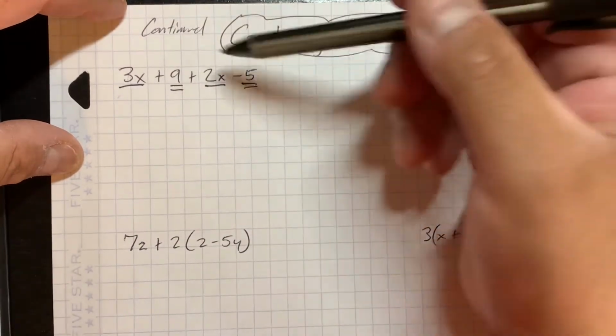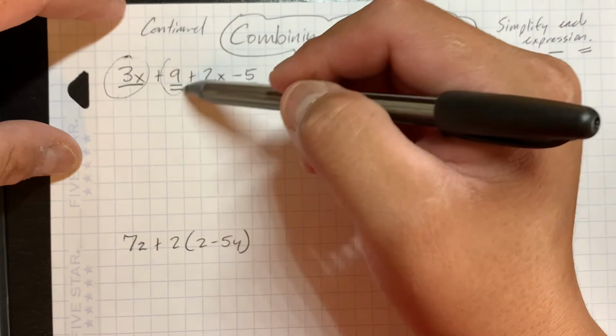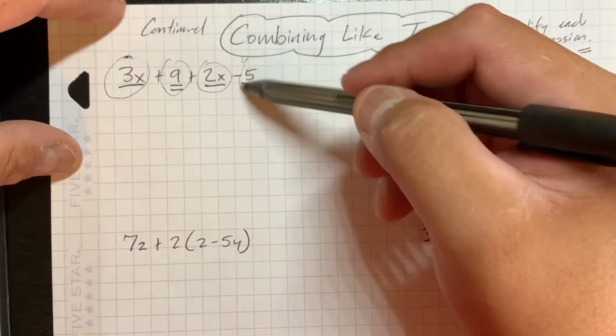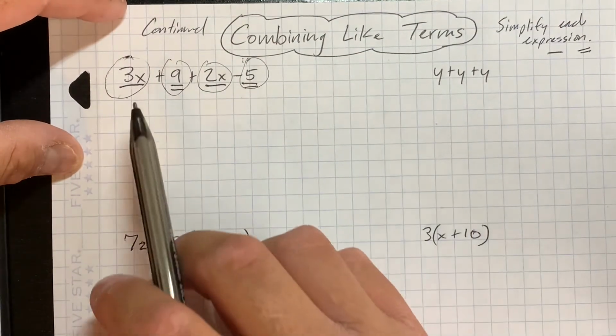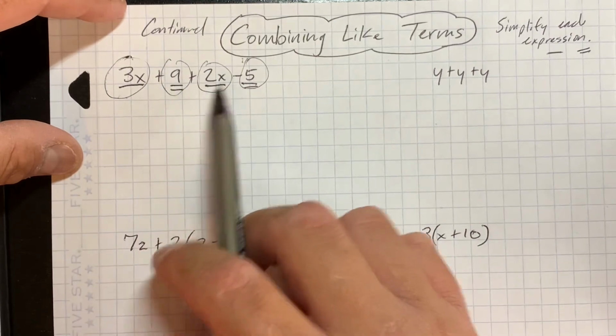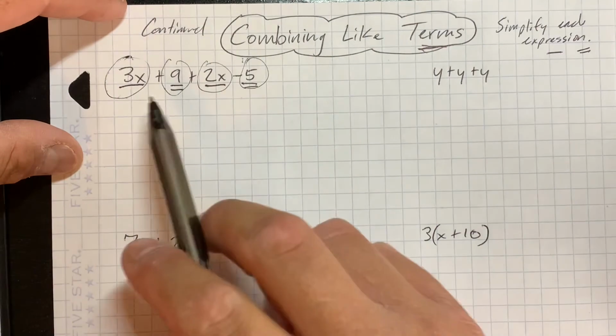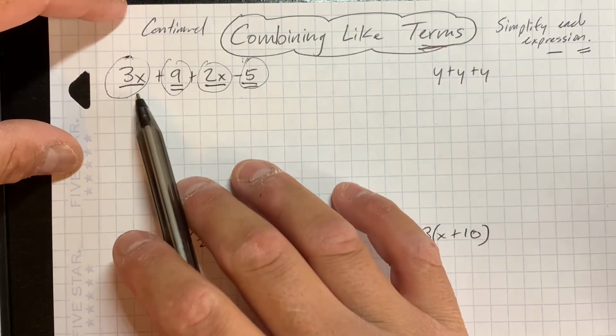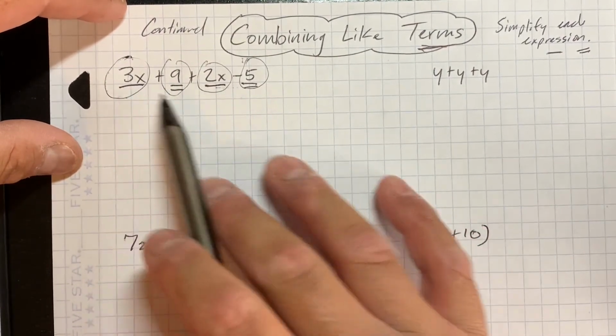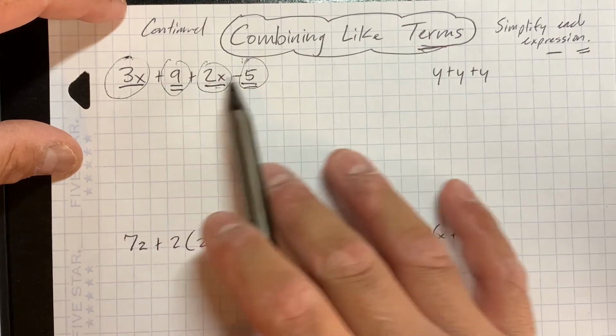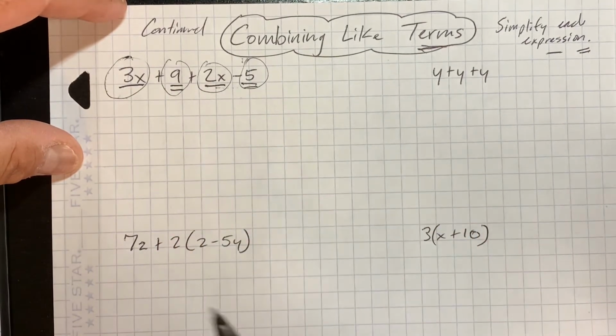So there are 1, 2, 3, 4 terms that are separated by the addition symbols and subtraction symbols. So you have to look at how many terms you have. So we have 4 different terms. The ones with 1 underline under them are like terms. The ones with 2 underlines under them are like terms as well.